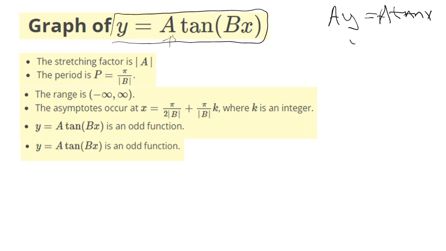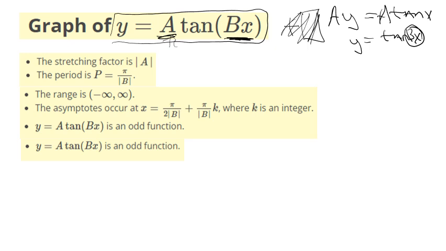Now, if I'm looking at y equals tan x, and I put a b here, that's affecting x, correct? So we're going to be doing something very similar to what we were doing before with the key points, keeping in mind that what's inside the parentheses affects x, and what's on the outside affects my y value. We're not going to have that vertical shift for tan and cotangent.